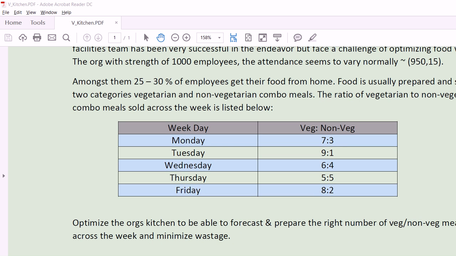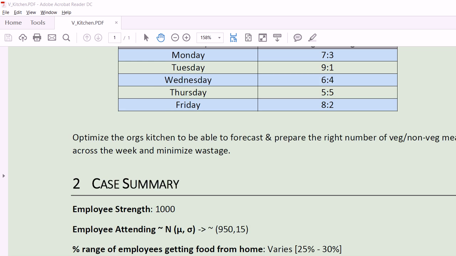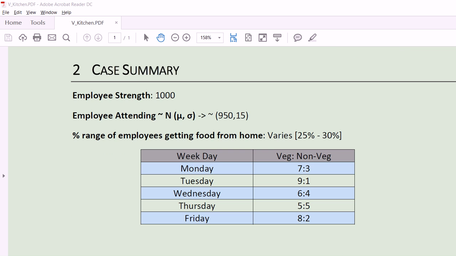Now what we got to do is forecast and predict the right number of veg and non-veg meals which need to be prepared by the kitchen for the employees, so that we can minimize the wastage of the food. So overall, the case summary looks like this. Employee strength is 1,000 employees.